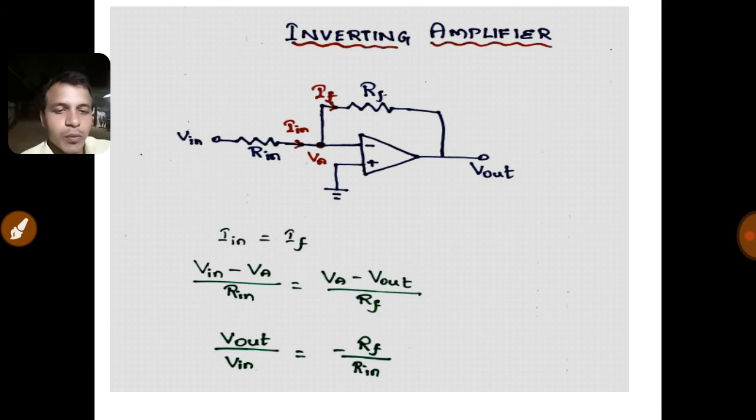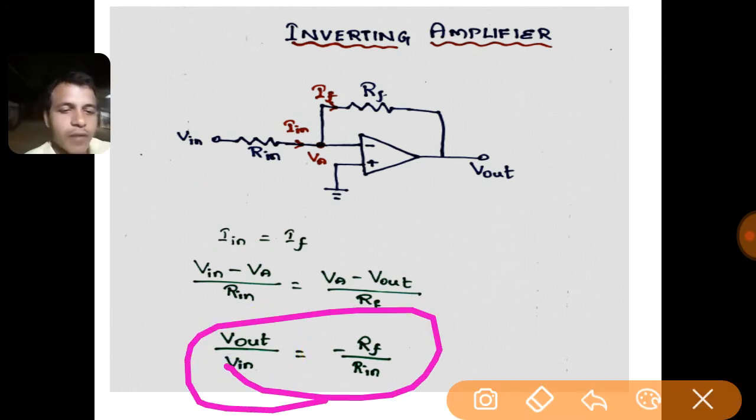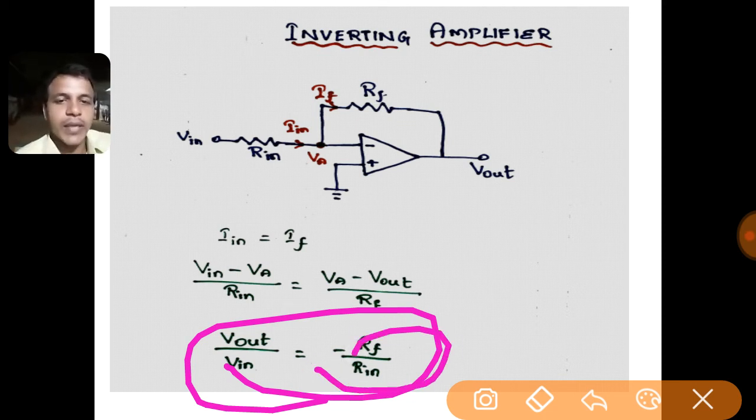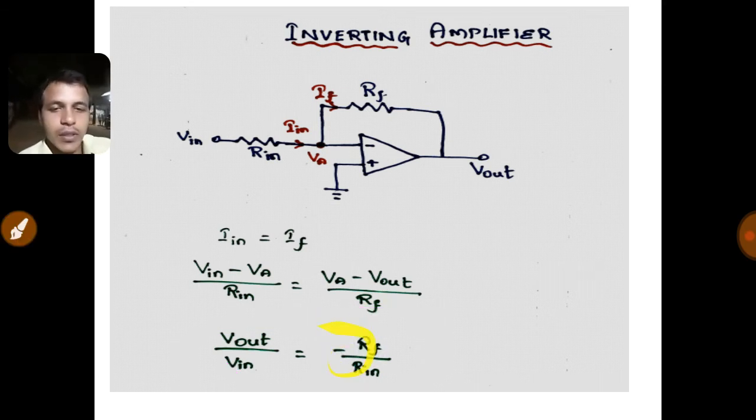Upon rearranging this, we get Vout divided by Vin equals minus Rf divided by Rin. This minus Rf divided by Rin is the gain of the inverting amplifier, and there is a negative sign here.